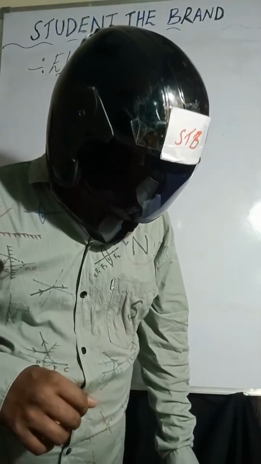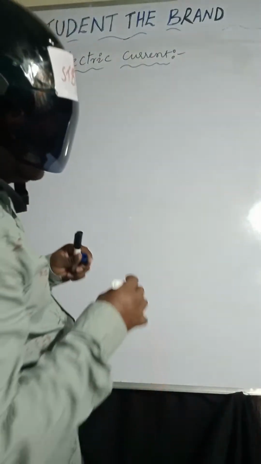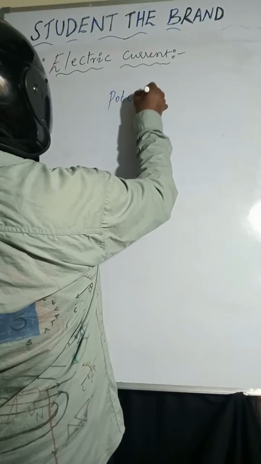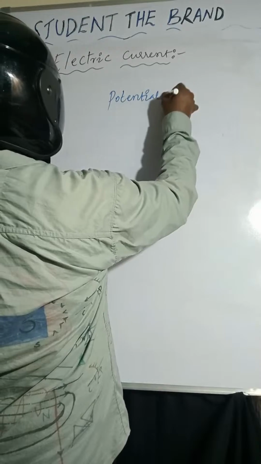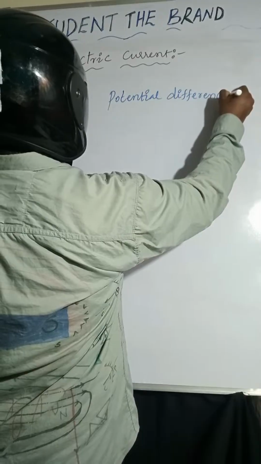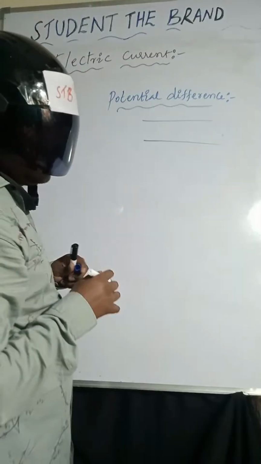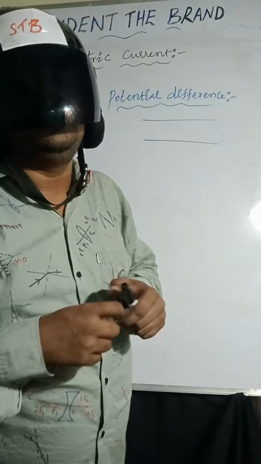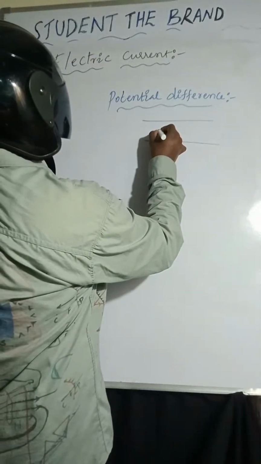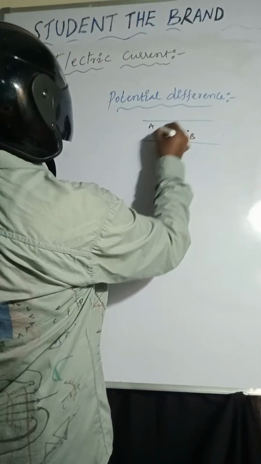Potential difference is the work done to bring a unit positive charge. I am taking a conductor. It is the work done to bring a unit positive charge from one point to another point within the conductor. I am taking a positive charge from point A to point B, so we are doing some work.